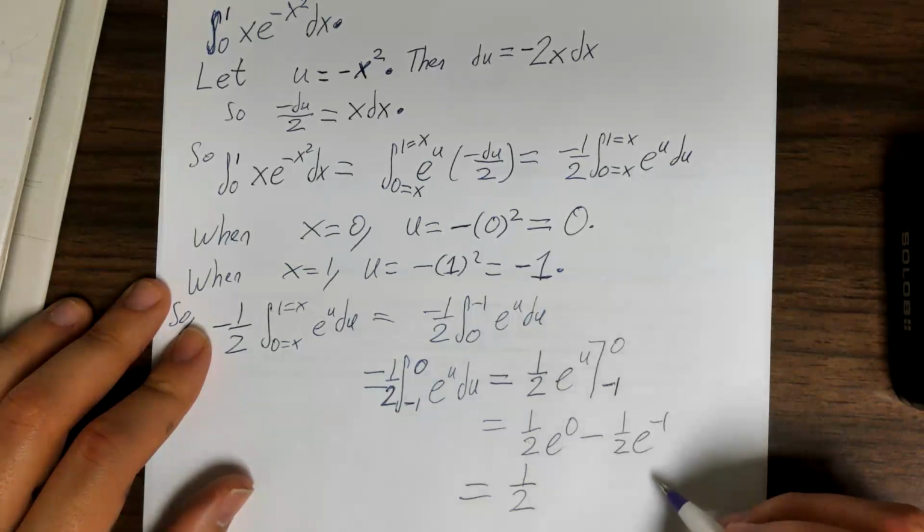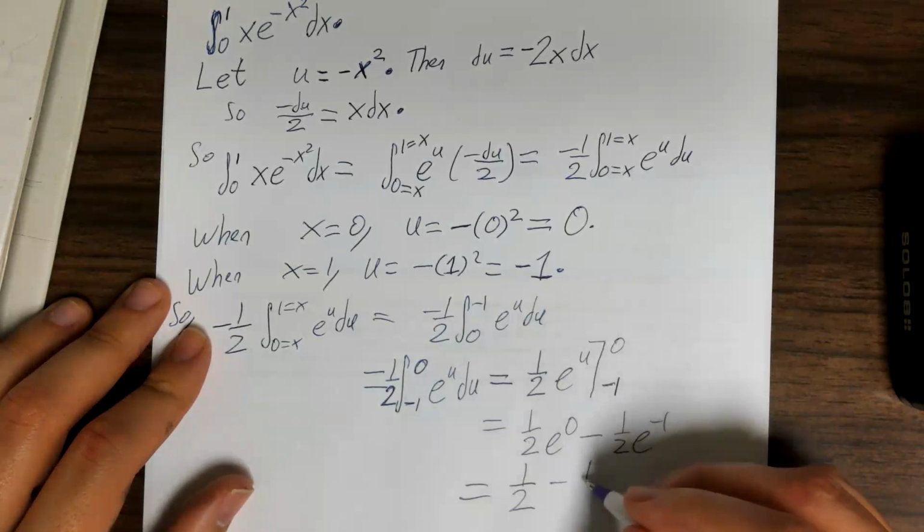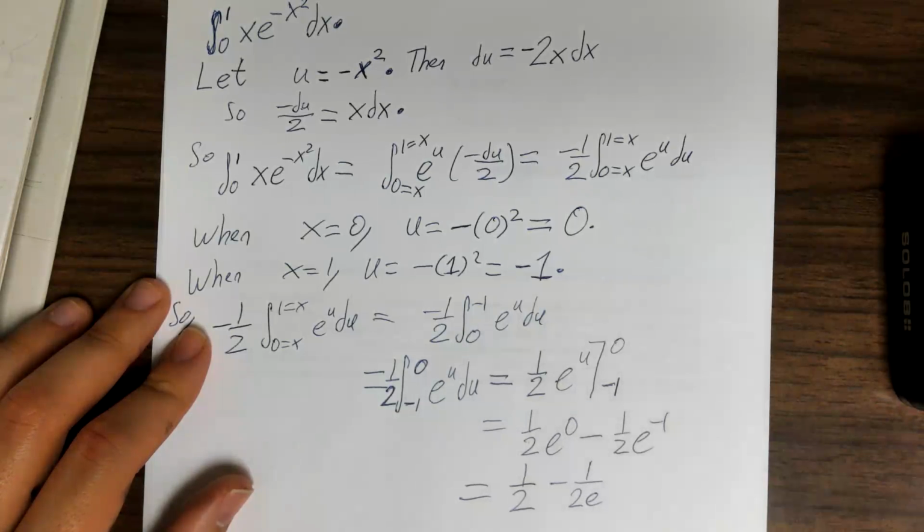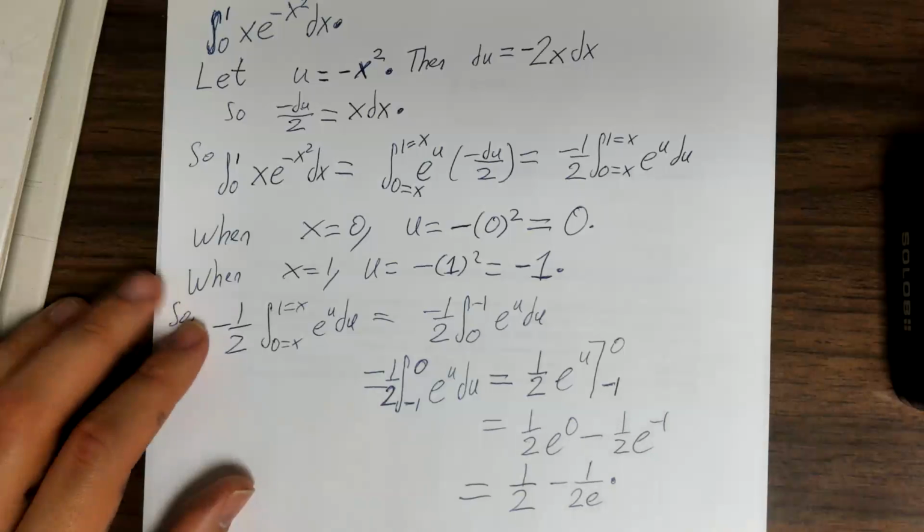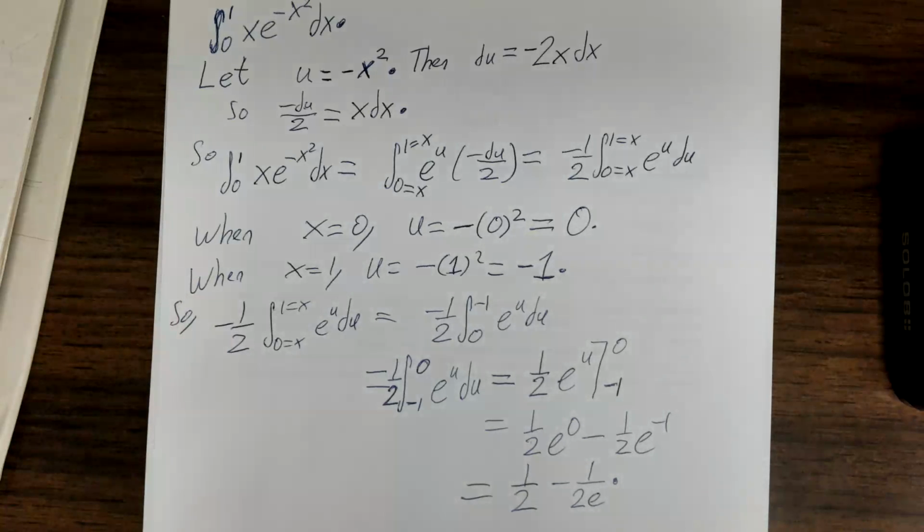And then e to the negative 1 is just the same thing as 1 over e. And there we have it. That's your final answer. You do not need to give a decimal approximation. In fact, you really should not. Keep things as exact as you can.